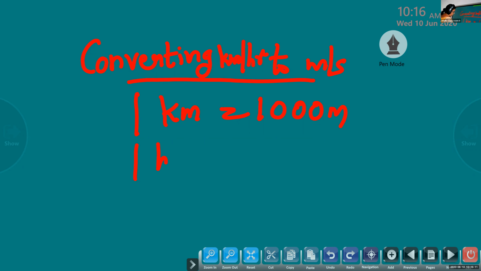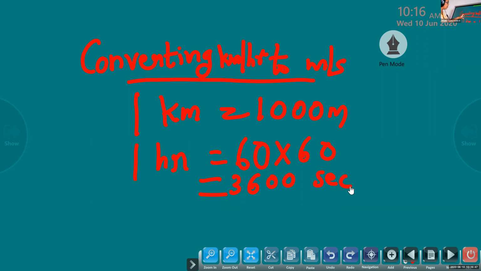Similarly, 1 hour equal to how many minutes? 60 minutes. Therefore, 1 minute will be how many seconds? 60 seconds. Therefore 1 hour will be how many seconds? 60 into 60, 3600 seconds.